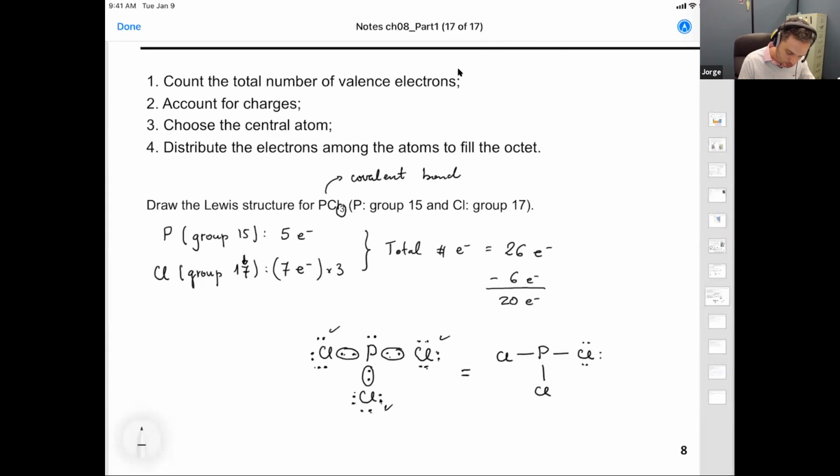And I want you to always do that. And remember, these electrons that are not being shared are called lone pairs. And each single trace is called a single bond.